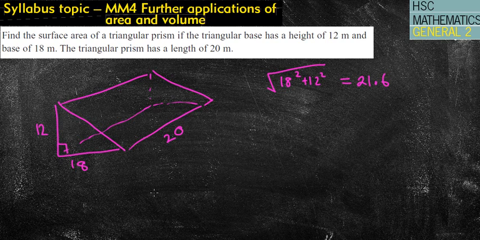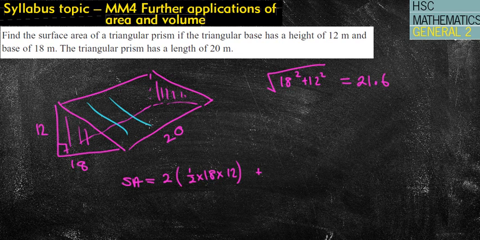Okay, so now I'm going to do my surface area. So we've got surface area equals, I'm going to start with a triangle. I've got 2 of those triangles. So I've got one here and one here. They're both the same size. So I've got half times the base times the height. Then I've got this front rectangle, which is 20 by our new length of 21.6.